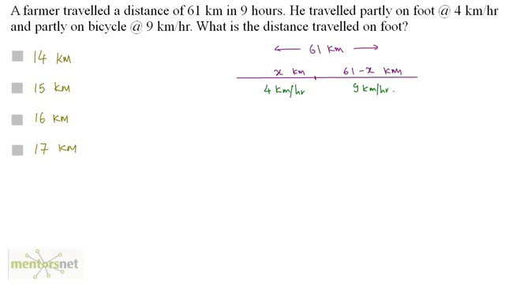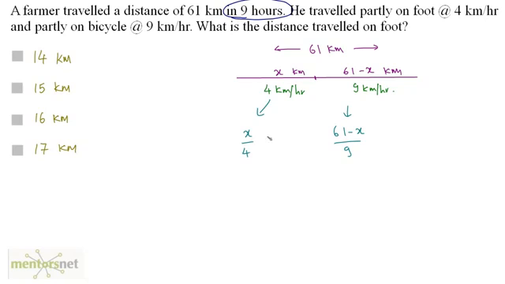So the time taken for travel by foot is actually distance upon speed, and that is x by 4. And the time taken for travel by bicycle is the distance upon speed, which is 61 minus x by 9. Now we have been given the total time of this travel, the complete travel, which is 9 hours.